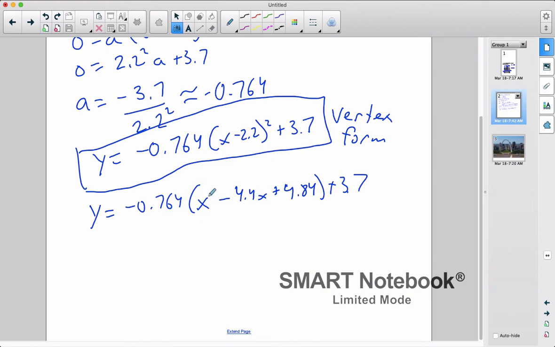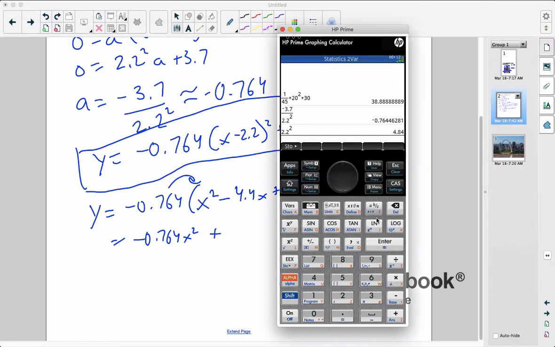Then we'll expand this. We'll have negative 0.764x squared plus, now let's do 4.4, and instead of multiplying by 0.764, let's multiply by the exact number up here. That should be positive because it's negative times negative, so that's 3.36x.